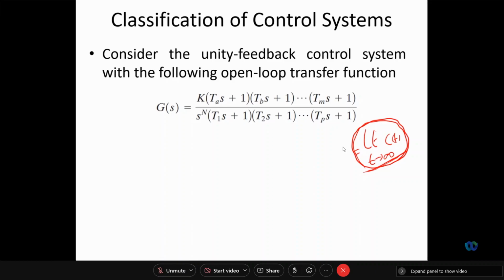We are applying Laplace transform and we have the final value theorem. To find it out, we have to get the response, the steady state error. We are interested in whether, when you give input, the output will reach the desired one or whether there is any error.